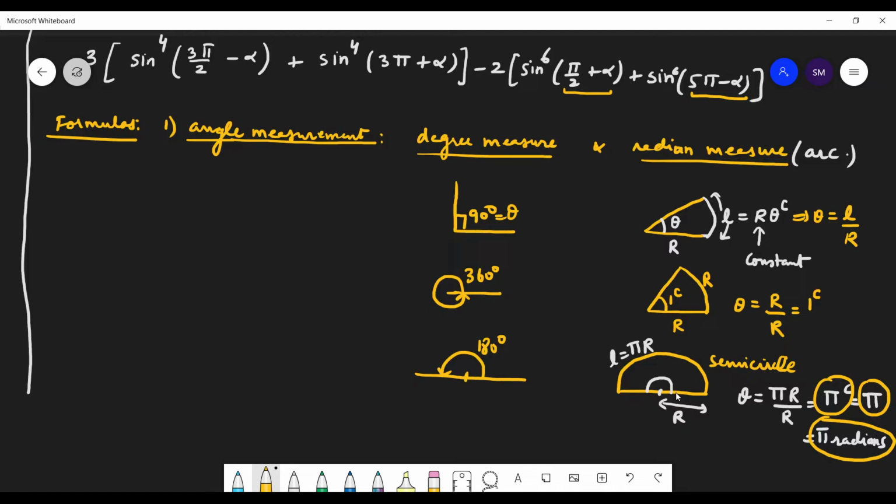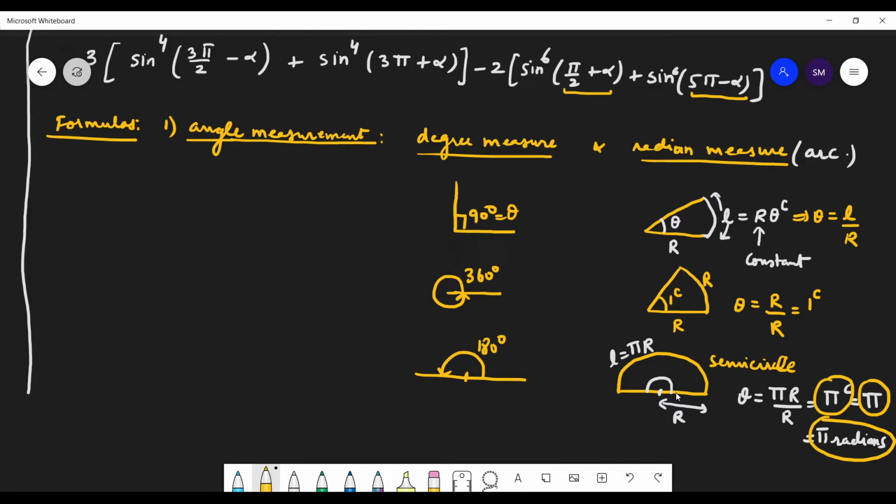Now what about cos theta? Cos theta is base upon hypotenuse. What is the base here? AB. And the hypotenuse is the radius 1. So I can write this AB as cos theta. So this length is cos theta and this length is sine theta.